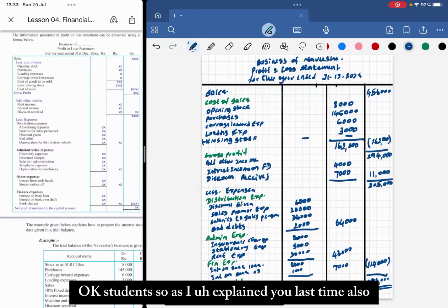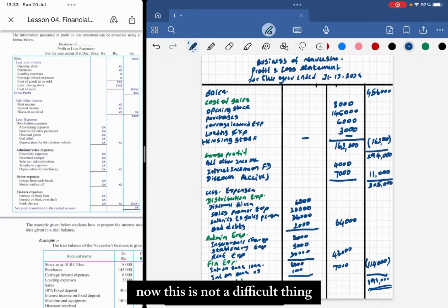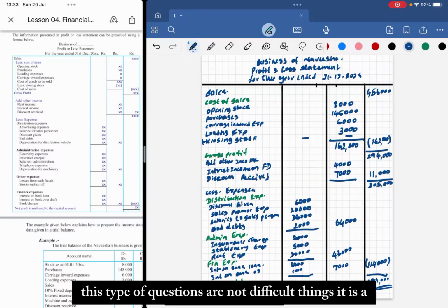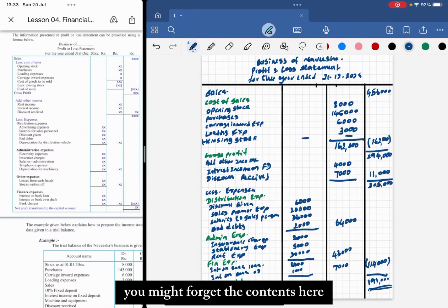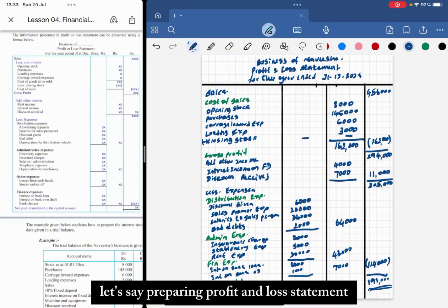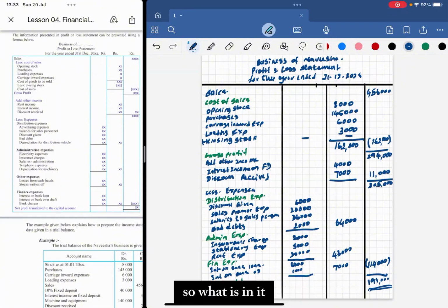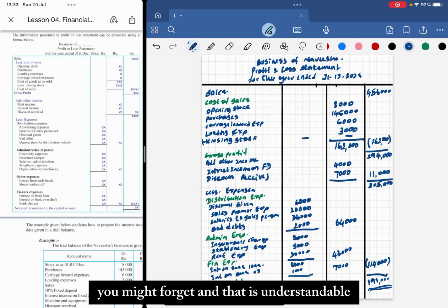Okay, students. So as I explained to you last time also, this type of question is not a difficult thing. It is a very simple question. But one thing that can happen is you might forget the contents here. Let's say preparing profit and loss statement, so what is in it? You might forget, and that is understandable.